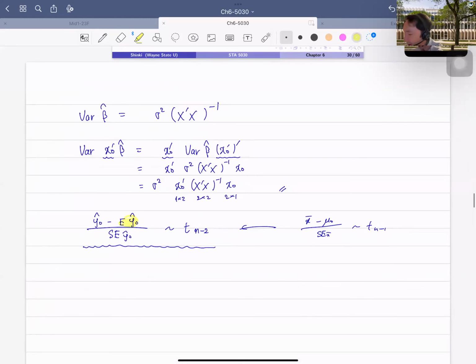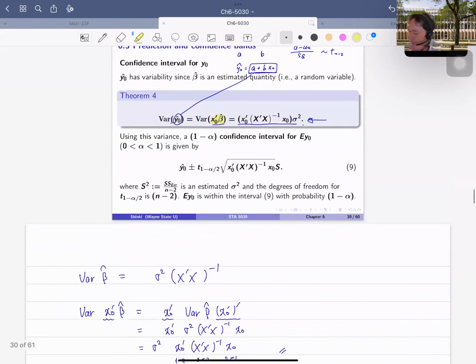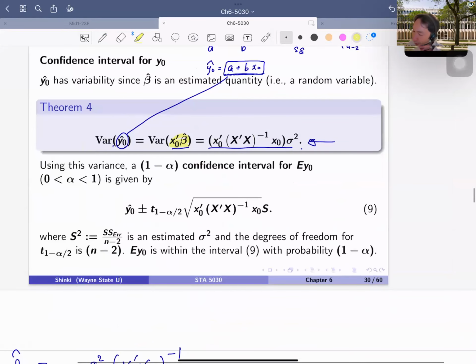So the true expected value of y naught, the confidence interval is given by this quantity: y naught hat plus or minus the T distribution quantile t sub 1 minus alpha over 2.